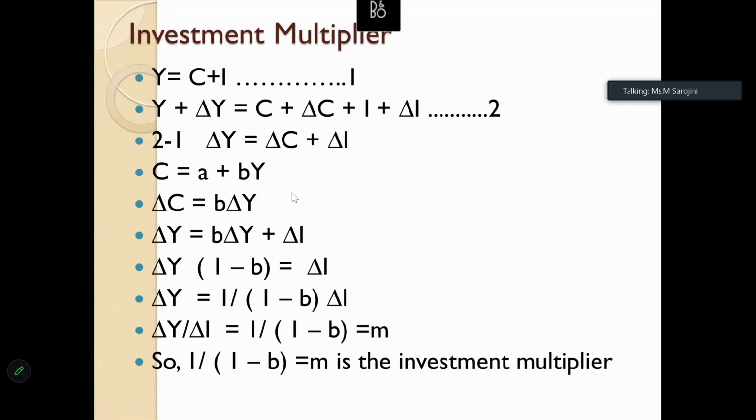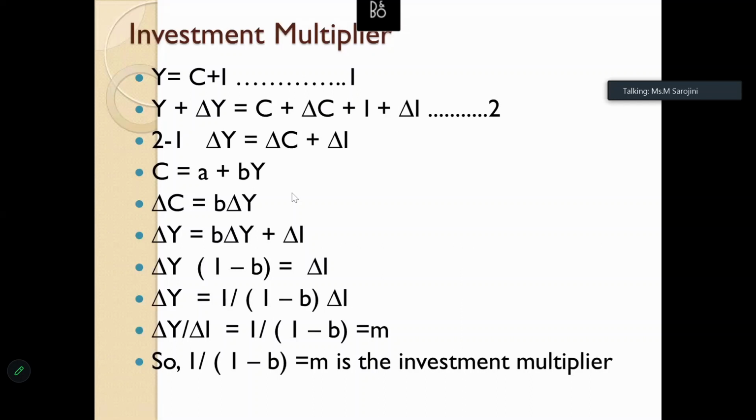Once the income increases, consumption also increases. On the other hand, due to the increase in saving, the investment also increases. Therefore, we indicate that as equation 2.